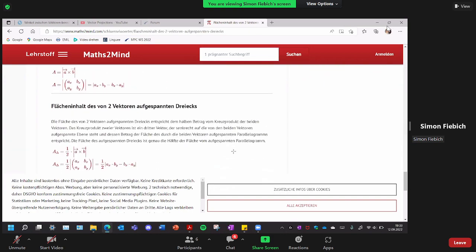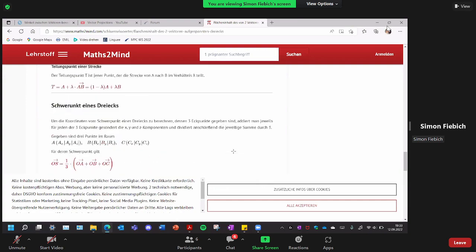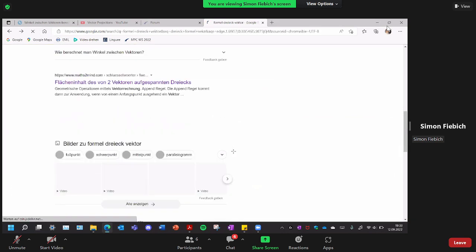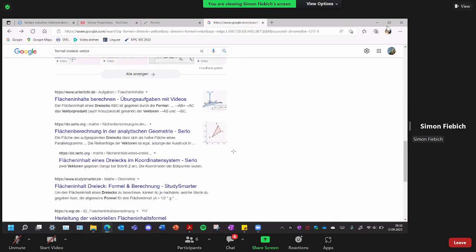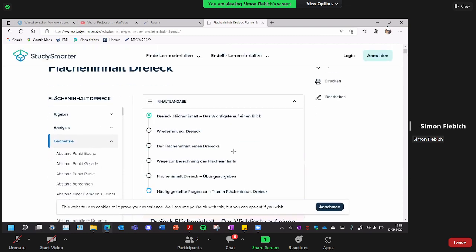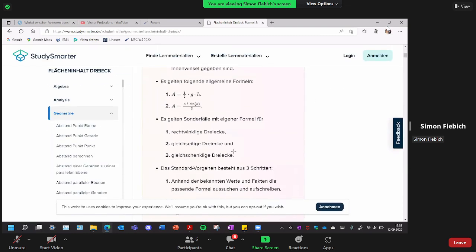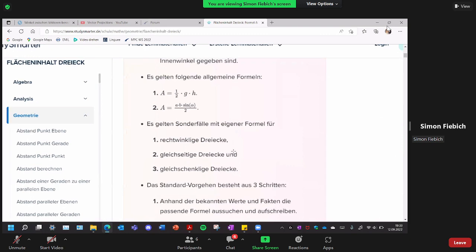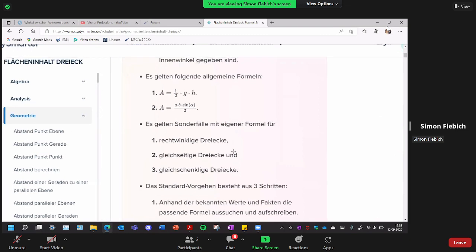I can't find it by now. But it should be something like this: 1/2 times a times b times sine. Maybe there. The sine of alpha.